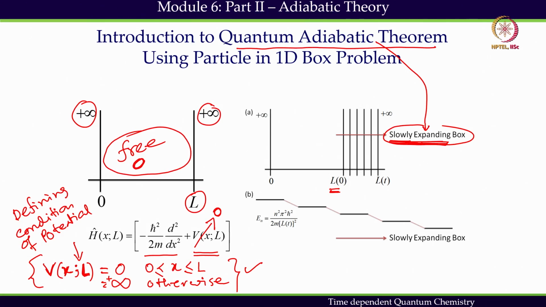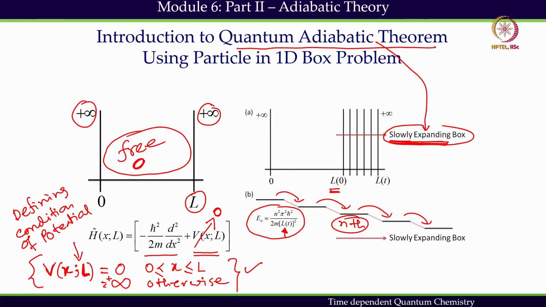And because the potential is changing, if we look at the energy expression for the particle in a one dimensional box, we see that if L is changing as a function of time, then E_n, the nth energy state, will also change very slowly. If L is increasing, that means for the expanding box, the energy is slowly going down for the same nth excited state, for the same nth energy level of the particle.